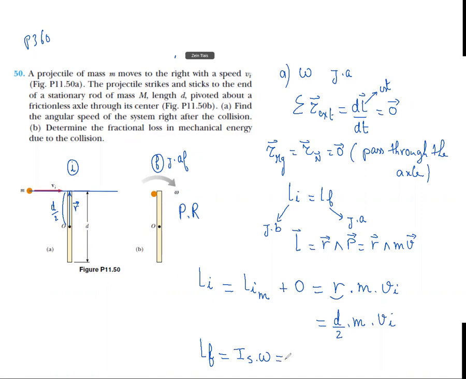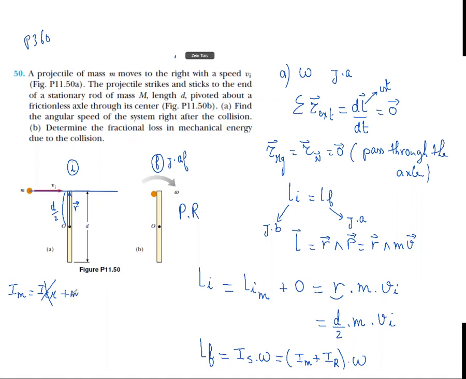I of the system equals I of the ball plus I of the rod, times omega. I of the ball: I CM of the ball equals 0, because the axis is not passing through the ball. In this case, we don't have I CM.